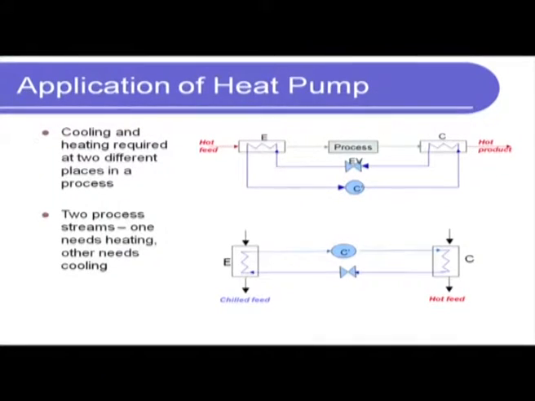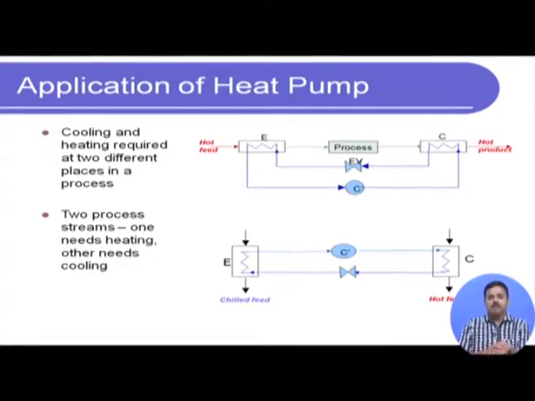So, look here, heating and cooling required at different places in the same process. Okay. So, I have a hot feed available with me, and my final product also needs to be heated, but there is an intermediate process which needs to happen at a lower temperature. Okay. So, then what will I do?